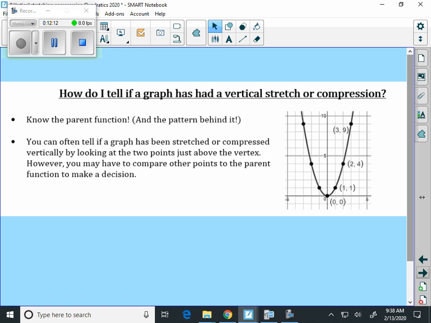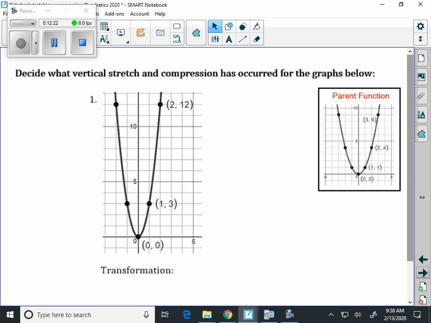Occasionally, we can't tell from that first graph, or from that first point, then we have to look at the second point. But let's start here and see what we can figure out. And I put the parent function off to the side. You can see it above on your paper, but at least it's here so we can look at it, since this is the first time that we've seen vertical stretch and compression, at least for a while.